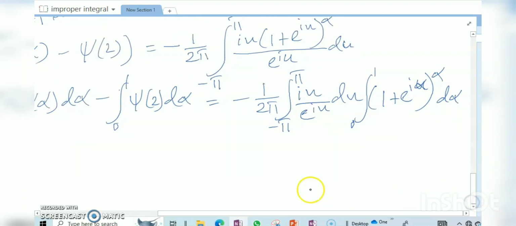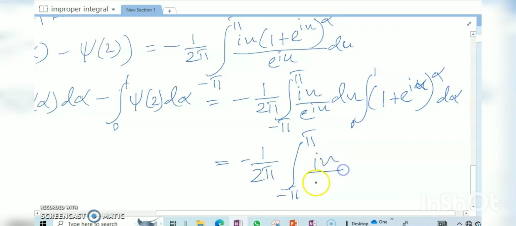Okay, so this integration can be written as minus 1 by 2 pi, minus pi to pi, iu divided by e to the power iu du, and here the formula is a to the power x dx.